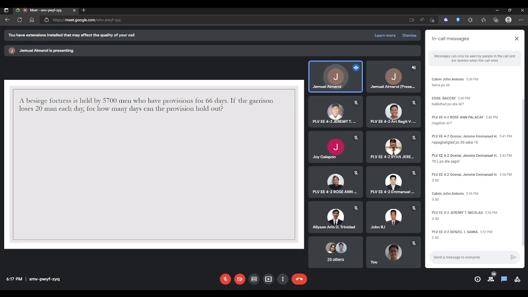If the garrison loses 20 men each day, for how many days can the provision hold out?